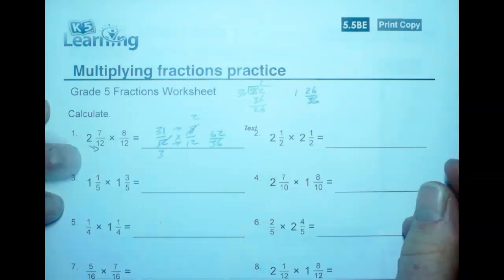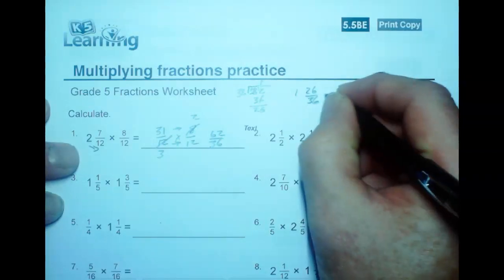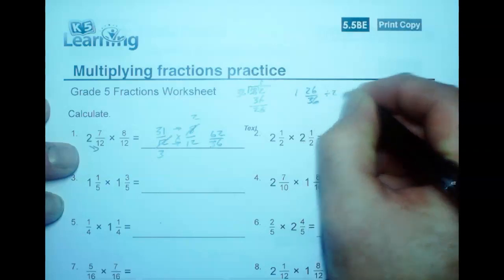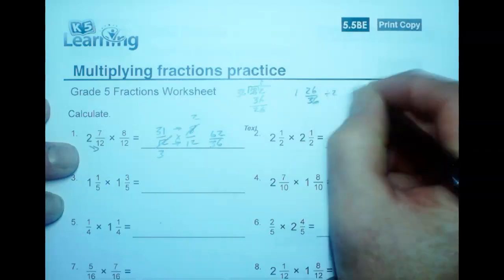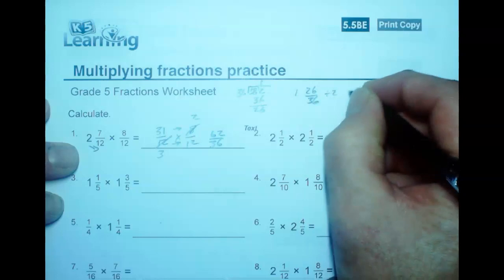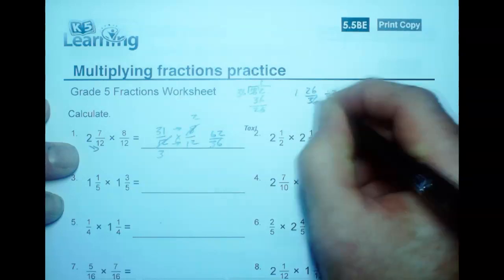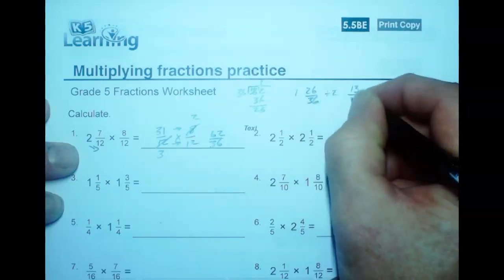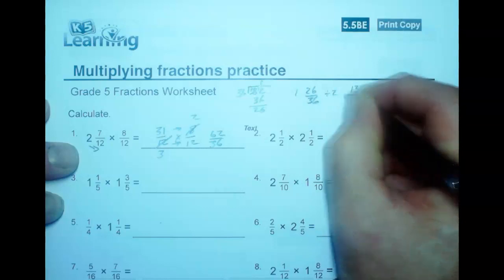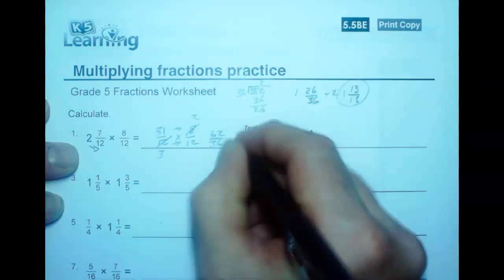Well, we can reduce those, divide those both by 2, and we get 26 divided by 2 is 13, 36 divided by 2 is 18. So 1 and 13 eighteenths.